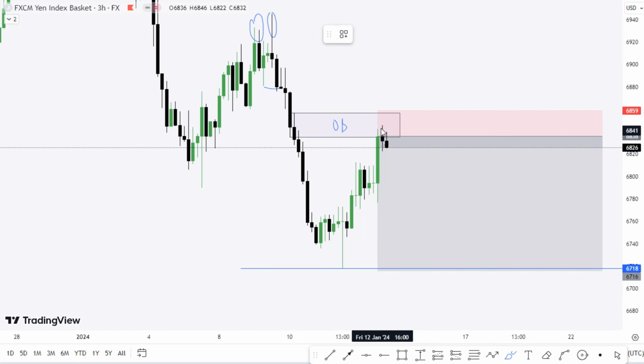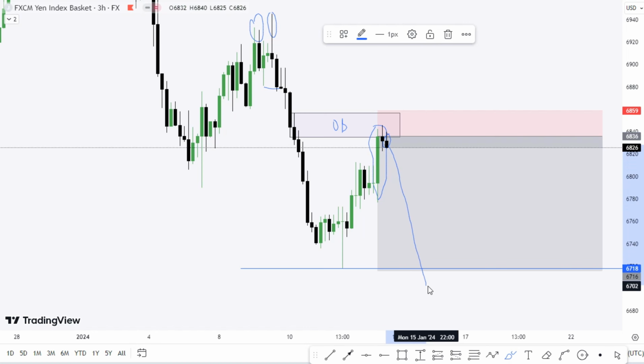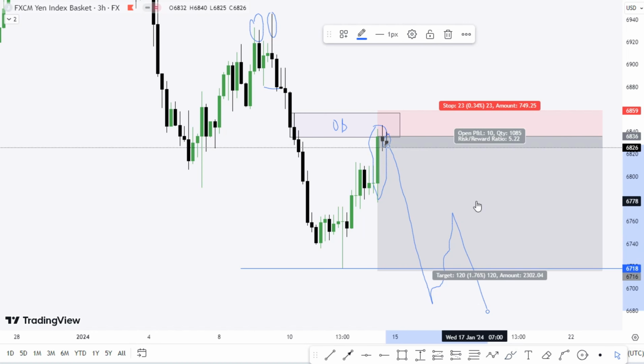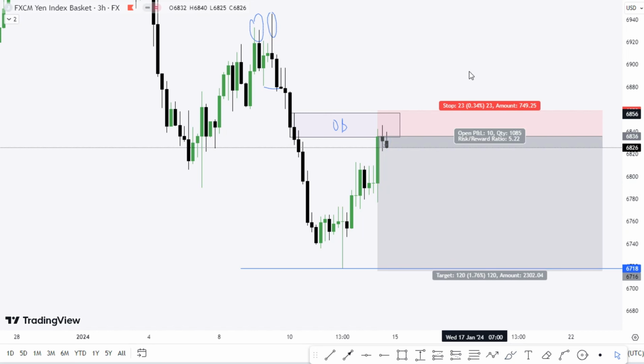For those who know the inside bar, the bullish candle and then a small bearish candle is the confirmation that the sellers are now taking over the market. That is the inside bar. So we have this confirmation of the bear candle, and we expect to see a really quick and huge momentum dropping downwards before the corrective movement once again. So that is all we have on the yen basket.